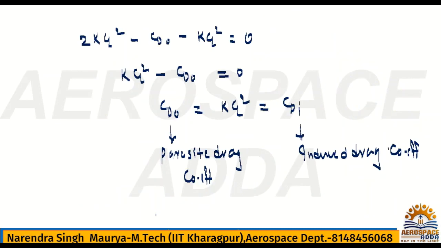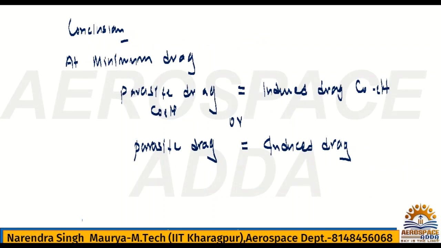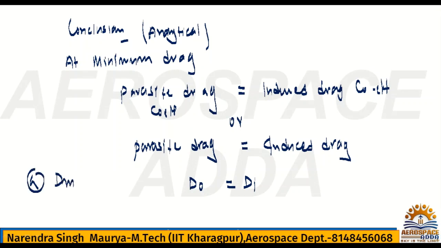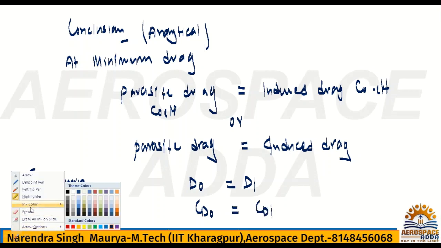The same thing you have achieved. This is what analytical. So D naught is equal to Di, or CD naught is equal to CDI. This is the conclusion you got both ways.